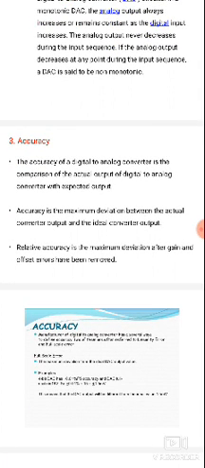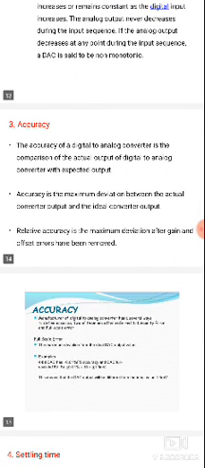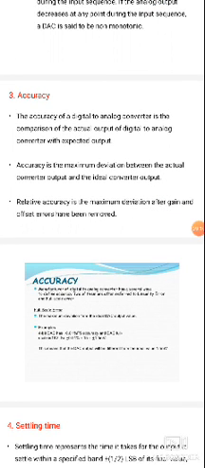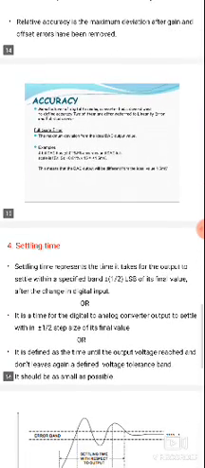Mainly, accuracy depends on two types of errors: one is the linearity error, the other is the full scale error. So accuracy depends on linearity and full scale. Accuracy is the maximum deviation between the actual converter output and the ideal converter output. Ideal converter output is the normal case; actual converter output is the practical case.